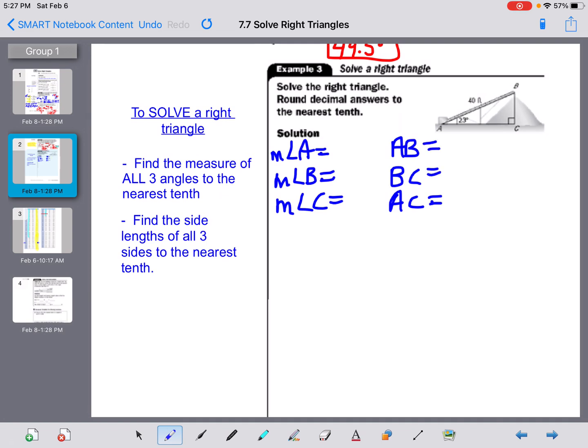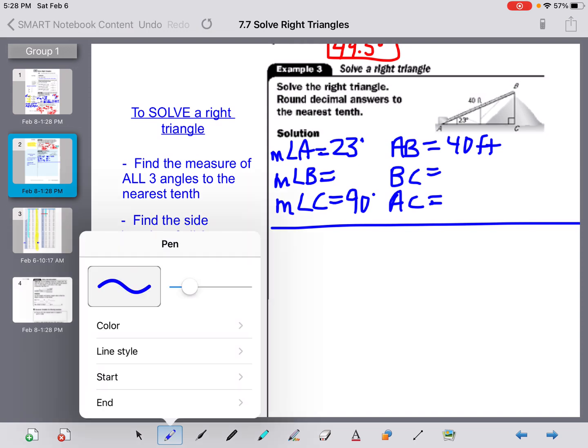Don't forget, how many do I already know? Three. They always start me with three, so let's think. Angle A is 23. I don't know angle B. Angle C is 90. And side AB is 40 feet. Okay, I know three of them right away before I start. My job now is to find the rest of them.